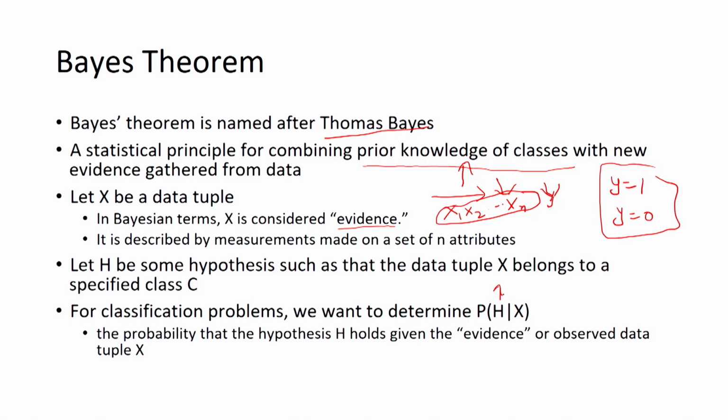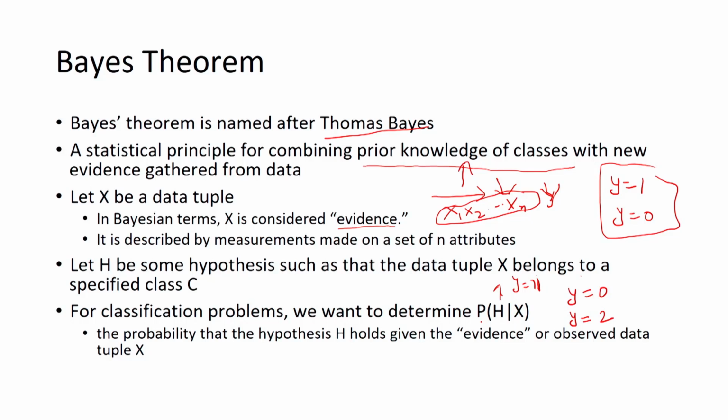is the hypothesis. So, your hypothesis may be that the class of X is 1, meaning Y is 1. The hypothesis may be that the class of X is 0, meaning Y is 0. If it is a multi-class classification, your hypothesis may be that the class of X is 2, so Y is 2.